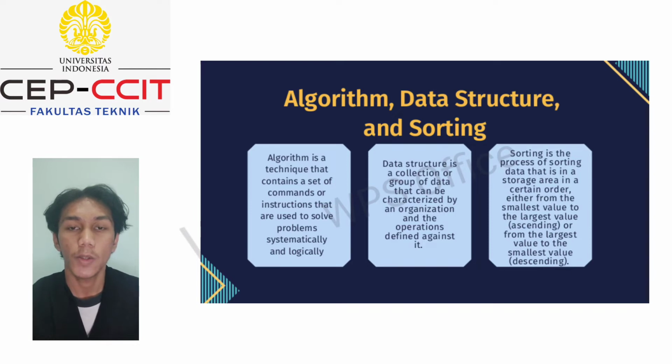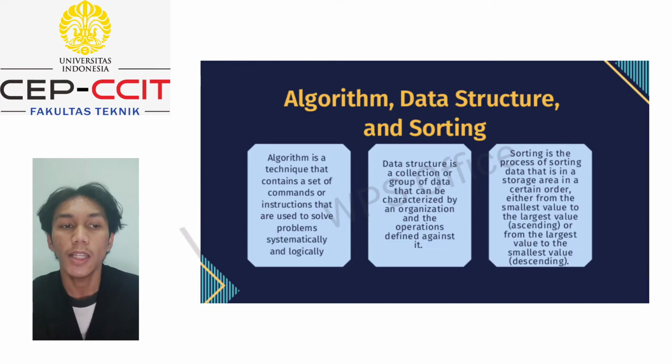Algorithm, data structure, and sorting. First, algorithm. An algorithm is a technique that contains a set of commands or instructions that are used to solve problems systematically and logically. Next, data structure. A data structure is a collection or group of data that can be characterized by an organization and the operations defined against it.